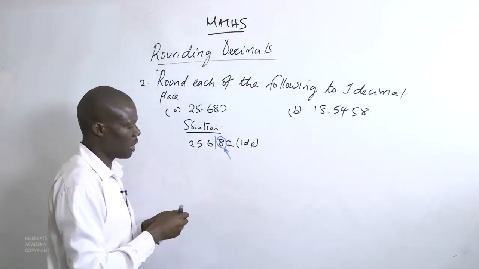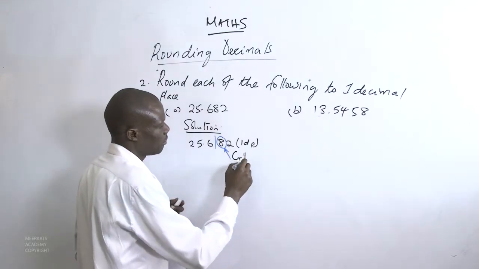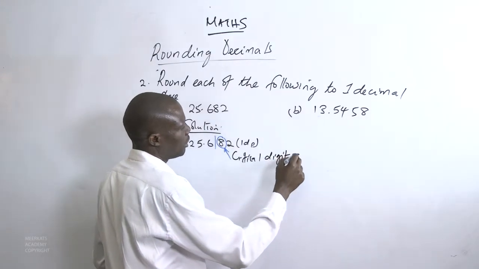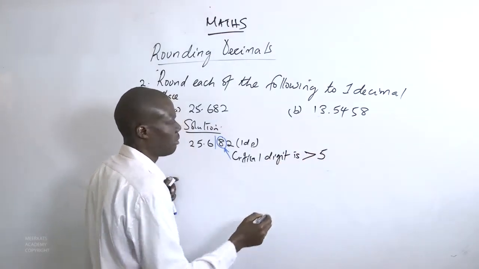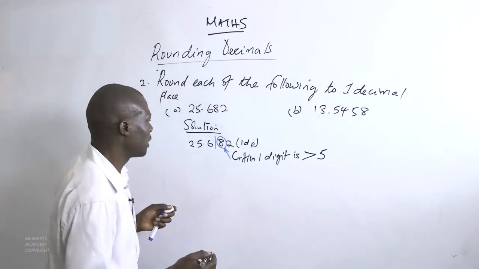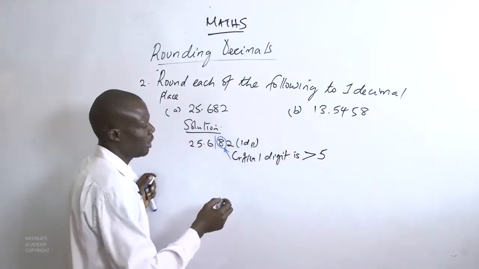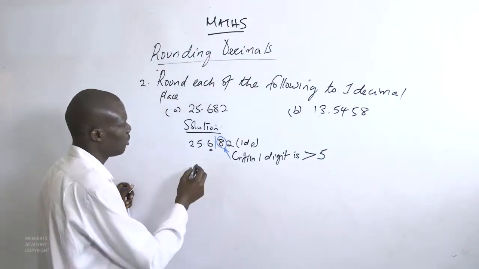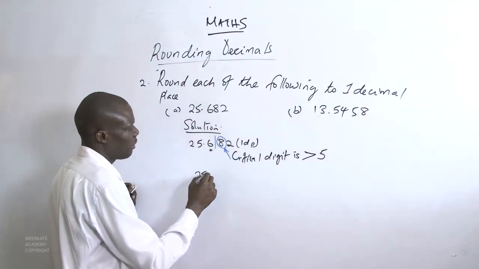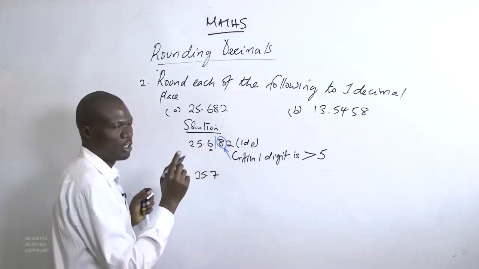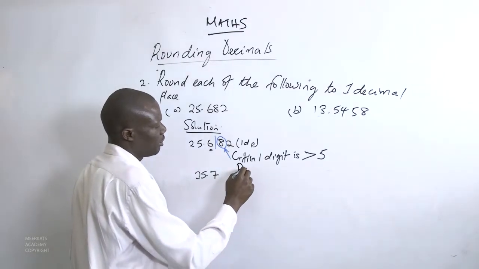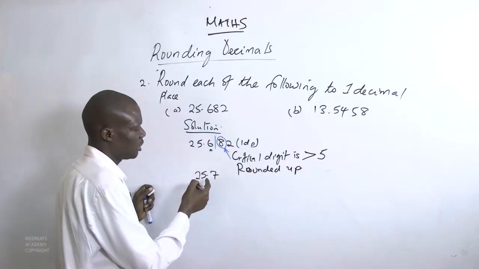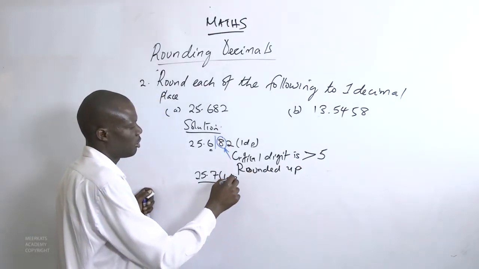From this, you realize that the critical digit is greater than 5, which implies that the required decimal place will be rounded upwards. So the answer will be 25.7 and not 25.6 because we have rounded up. So this is what we shall have, and it's correct to one decimal place.